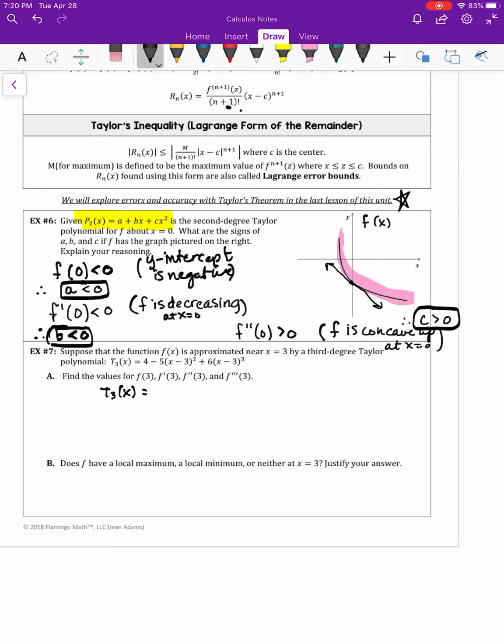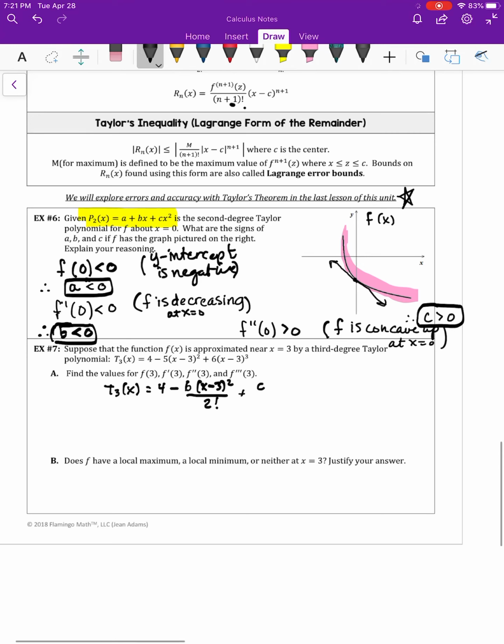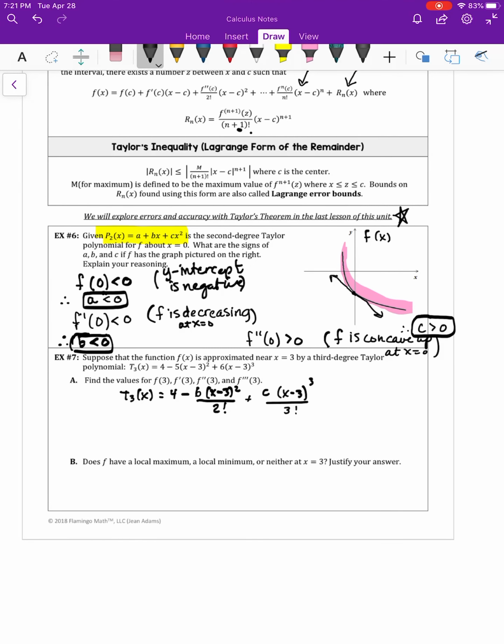So I would like to just think about this Taylor polynomial of degree 3. We know that we've got our b times (x minus 3) squared over 2 factorial, and we've got our plus c times (x minus 3) cubed over 3 factorial. And this would be your f of 3.